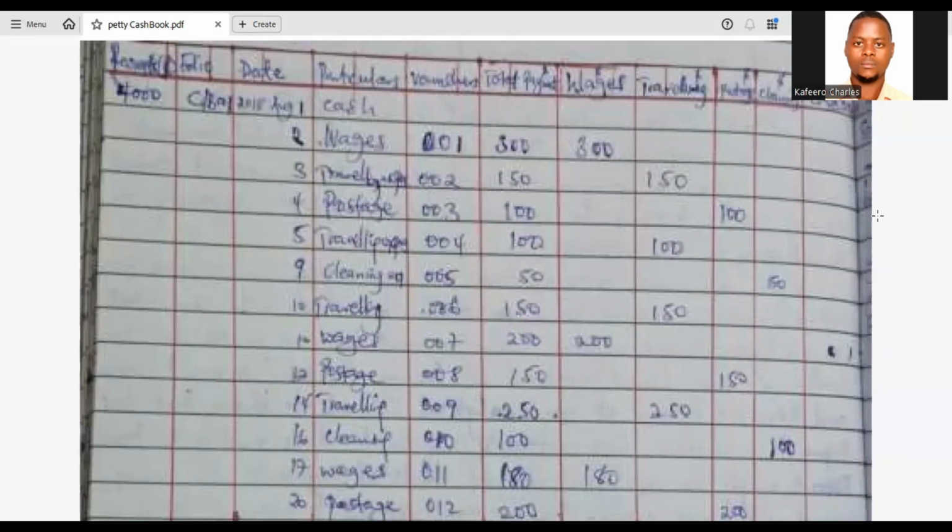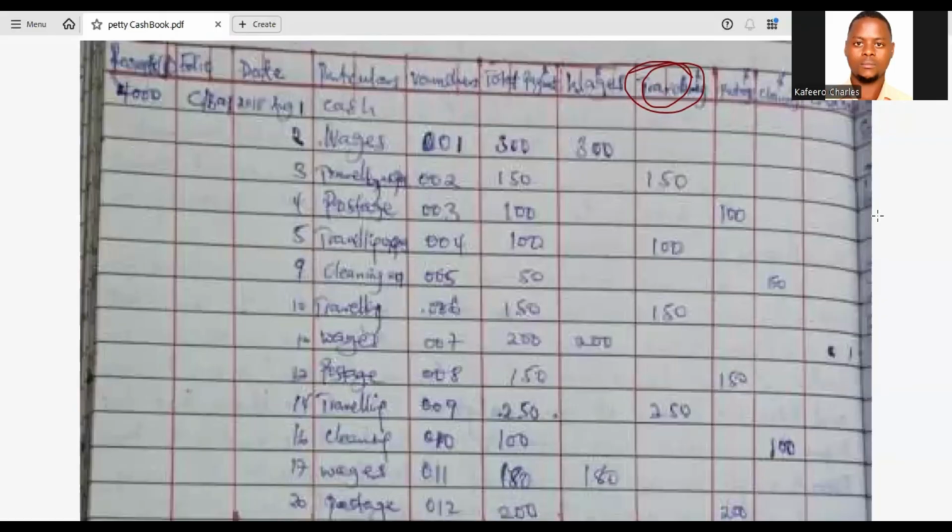You'll have to create another column for traveling expense. That is a traveling expense column, as the second analytical column. Because traveling is different from wages, we can't put it in the first analytical column that we created for wages.